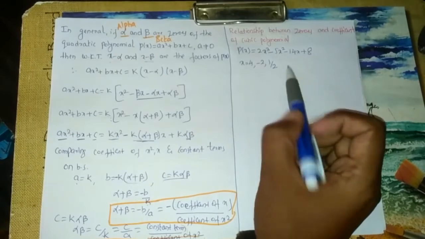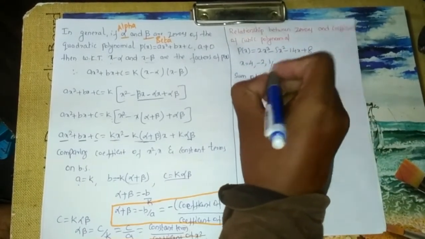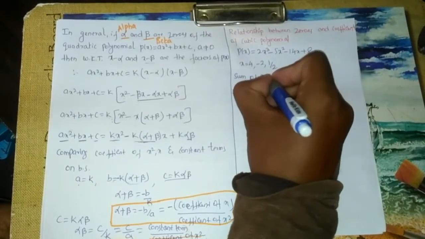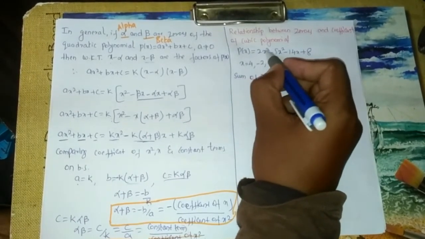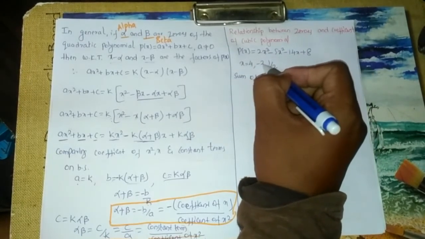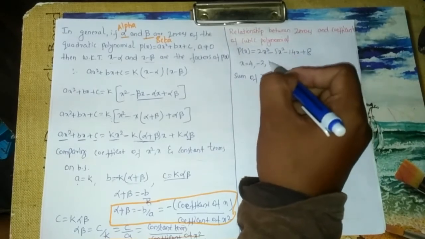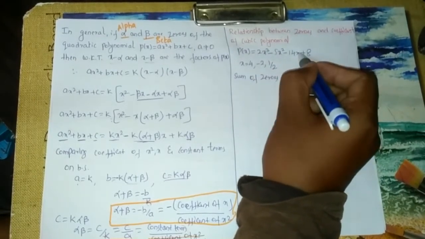Now let us try to get the sum of zeros. When we substitute x equals 4 in this expression, we get 0, and when we put minus 2, we get 0, and when we put 1 by 2, we get p of x as 0.